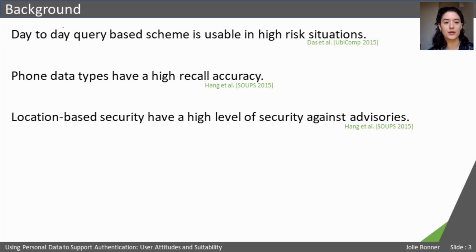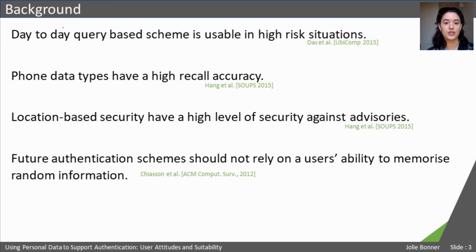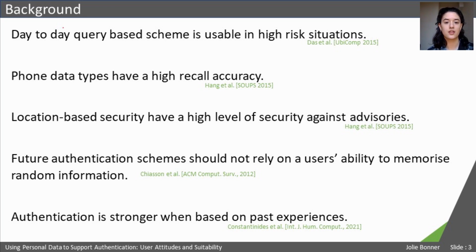In another study, they also found that location-based security questions maintain this recall accuracy while also achieving a high level of security against adversaries. Chasen et al. suggested that future authentication schemes should not rely on a user's ability to memorize random information, as well as Constantinides et al. indicating authentication becomes stronger when based on past experiences.